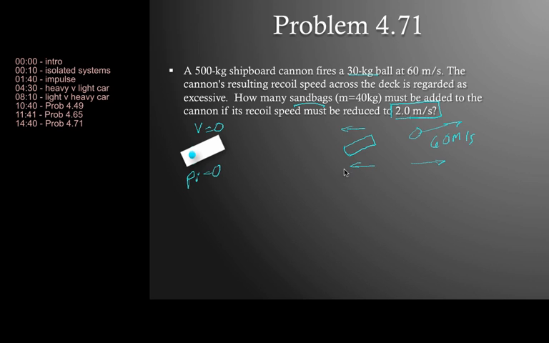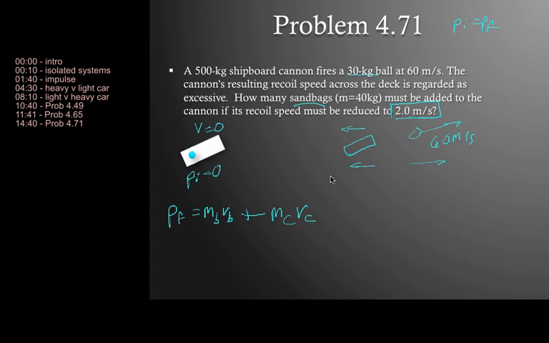Our final momentum is something that we want to know. So let's work that out. Final momentum is, let's do the cannonball first. We know the mass of the cannonball. Let's make cannonball B, since these both start with C again. Alright, mass of the cannonball times the velocity of the cannonball plus mass of the cannon times V of the cannon.